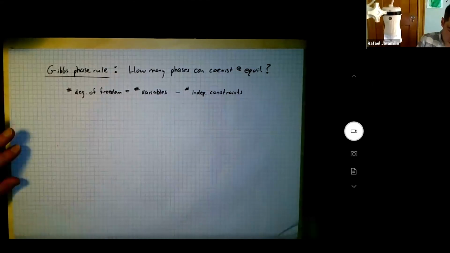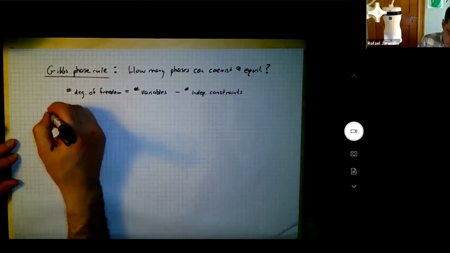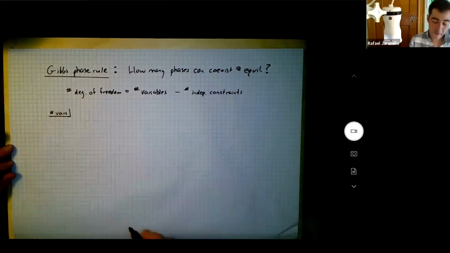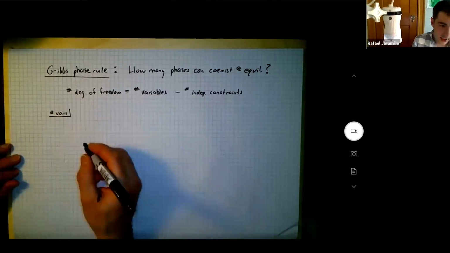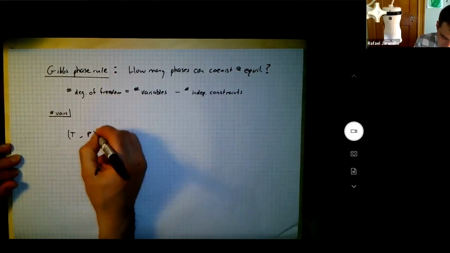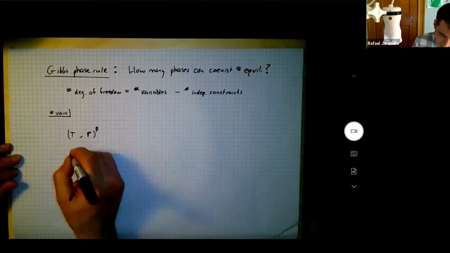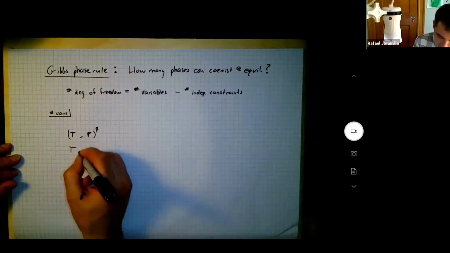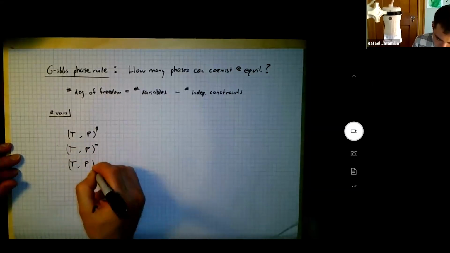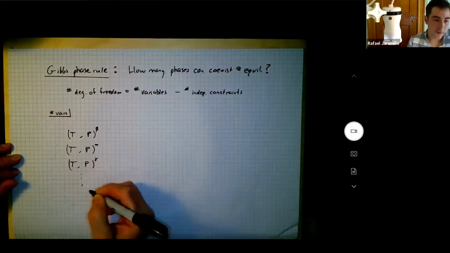So let's count variables. I just have to go through this in order for it to make any sense. All right, so for phase alpha, I have a temperature and a pressure. Sorry, let's say that was drawn for phase beta. I apologize. Temperature and pressure for alpha, temperature and pressure for phase gamma, and so forth.